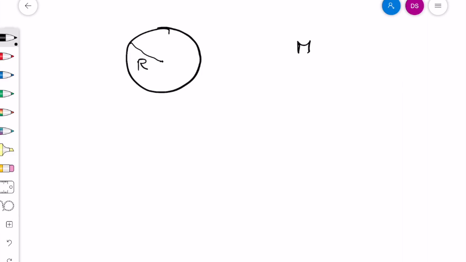And there is a rope that's wrapped around the rim of the pulley. Just make it match the diagram in the PowerPoint. And there is a stone attached to the other end of the rope.